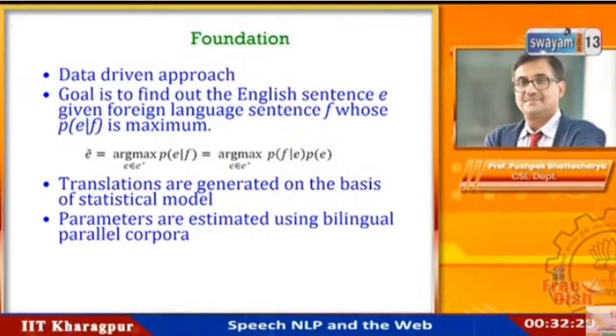So there was a question about why this turning around of probabilities. What do we gain by converting P(E given F) into P(F given E) and P(E) in preference to P(E given F)? Is there anything to choose between them?